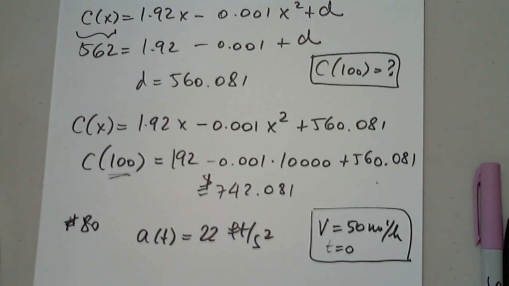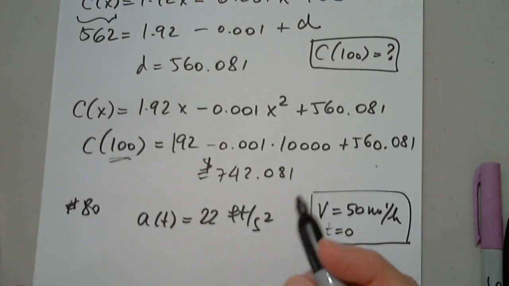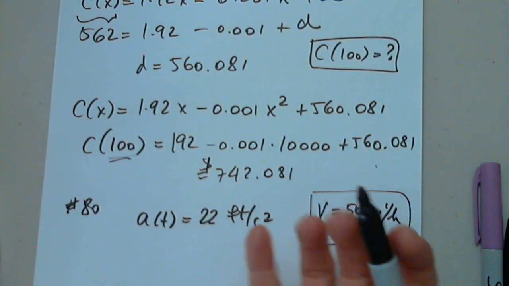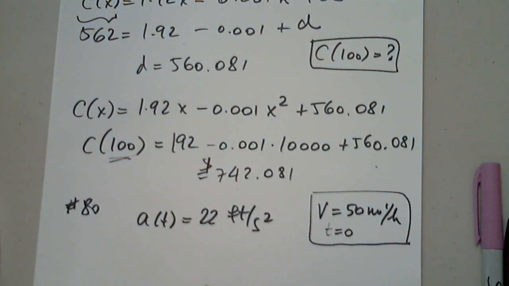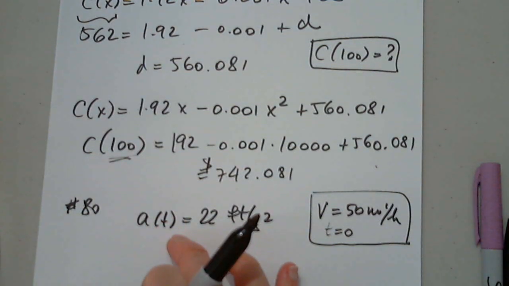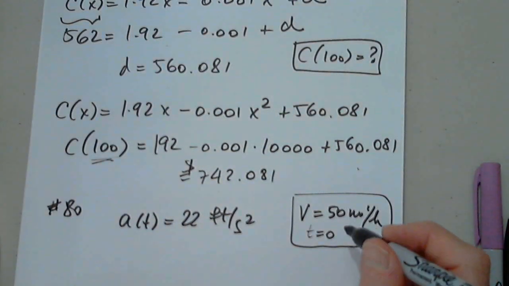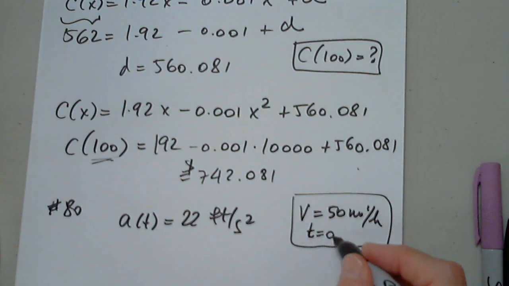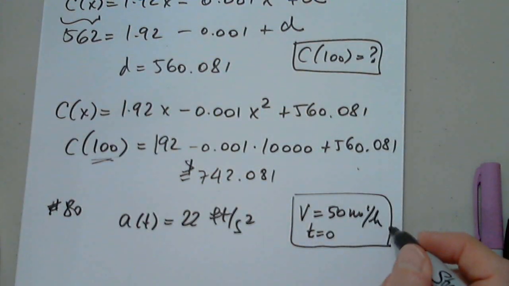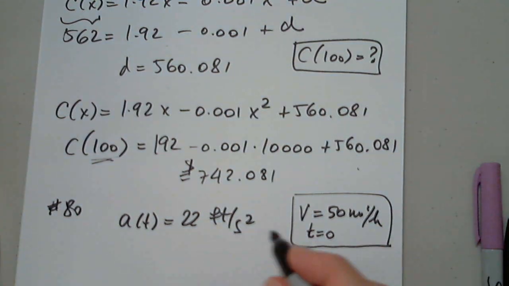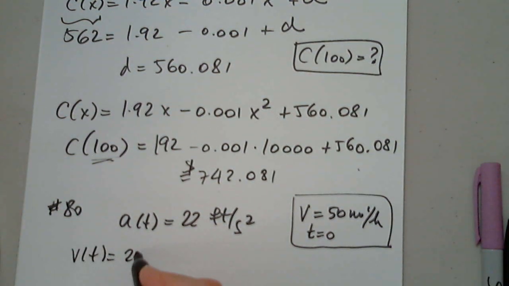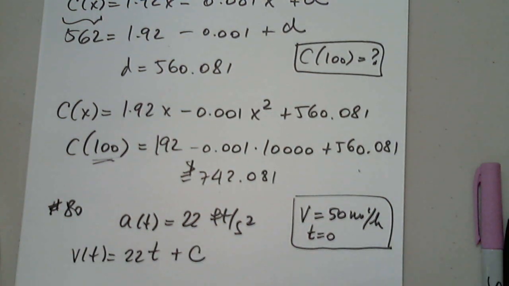Perfect. Okay. So in order to find the distance, we have to find the velocity. And we are told the velocity at time t equals 0 is 50 miles per hour. So v of t will be 22t plus a constant c.